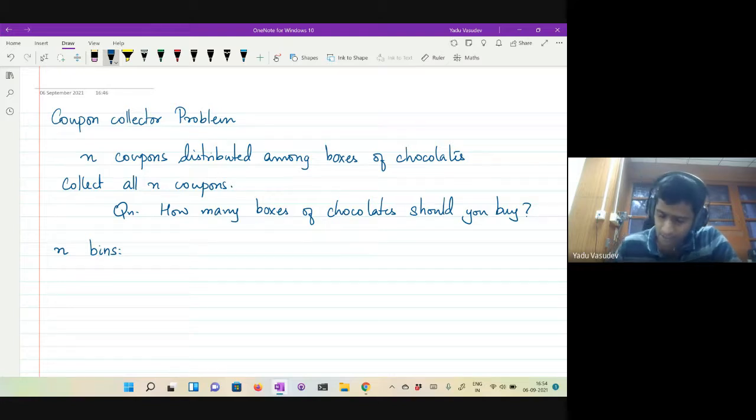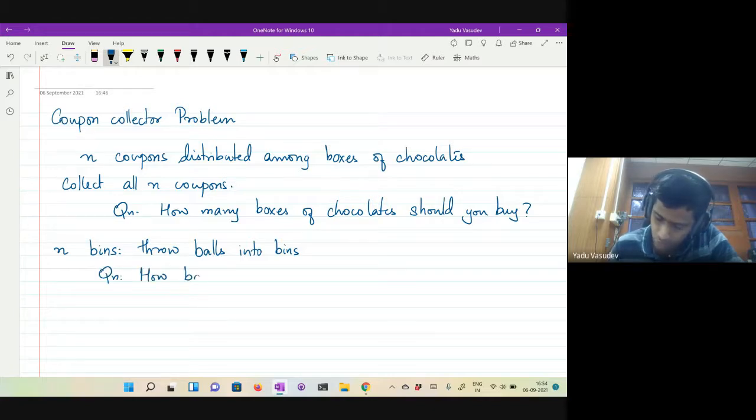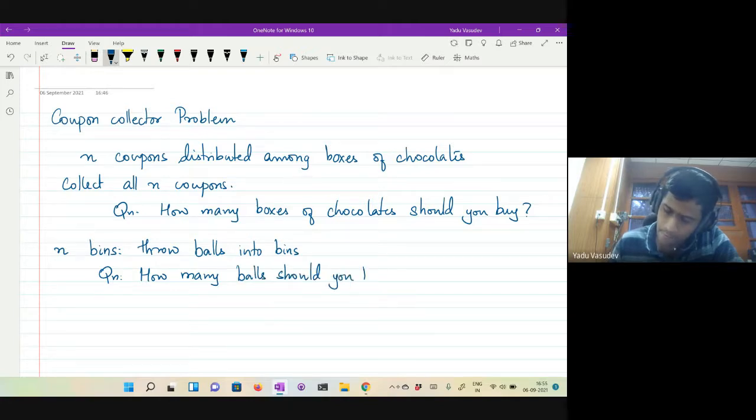You throw balls into bins, and you are asking the following question: how many balls should you throw so that every bin contains at least one ball?